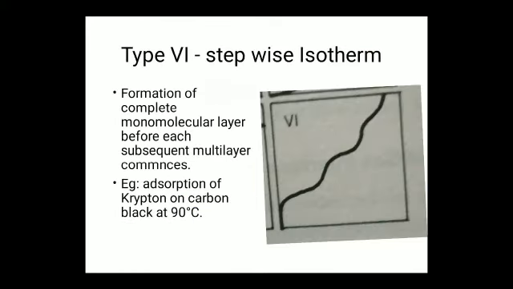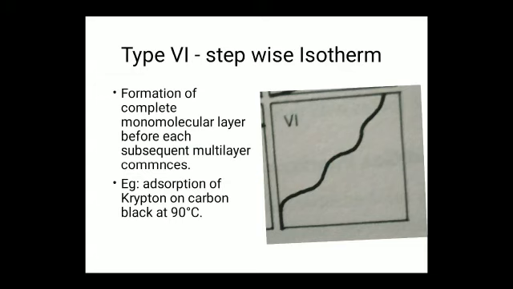Another type of absorption isotherm is the type 6 absorption isotherm. This is also called the stepwise absorption isotherm. By observing the following diagram, you will observe a step-like graph.